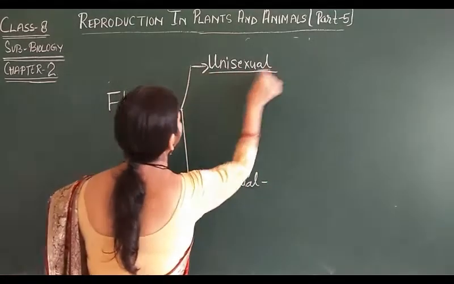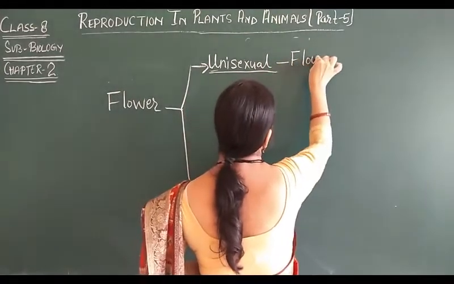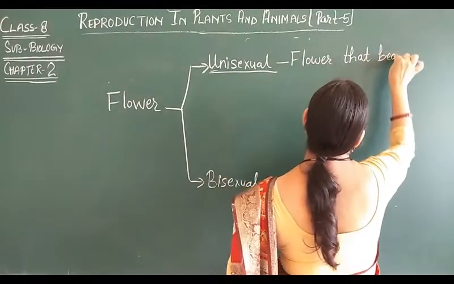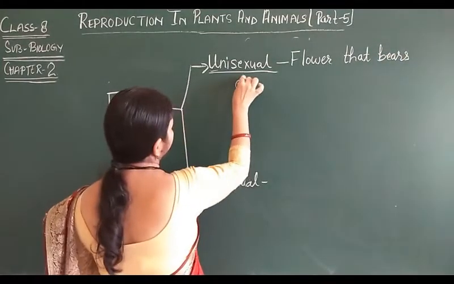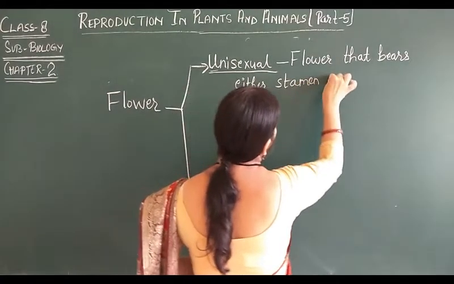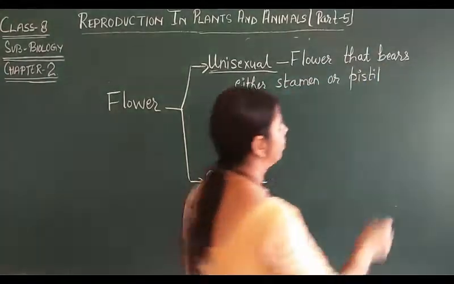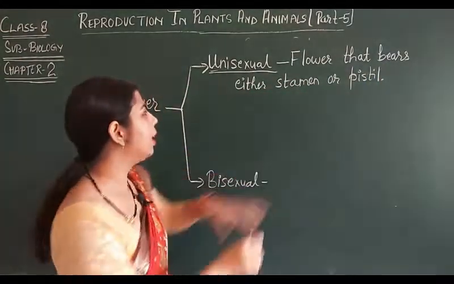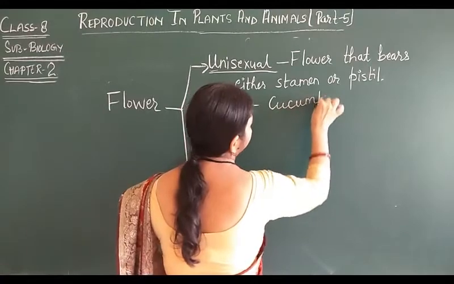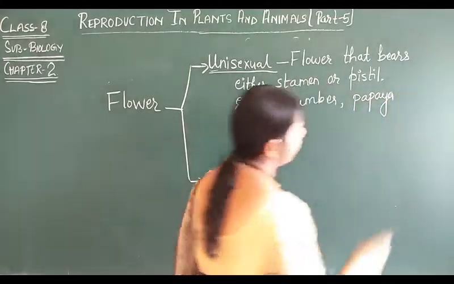If we talk about it, uni means single, one, that means flowers that bear either stamen or pistil. That means या तो उनके पास male part होगा या female part होगा. Examples of this are cucumber और papaya, pumpkin. A number of examples are there.